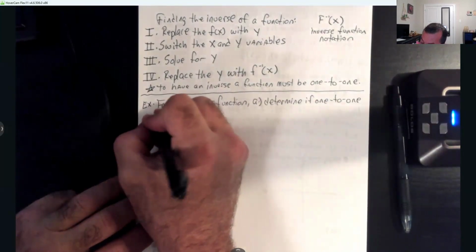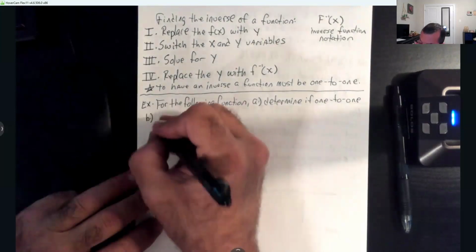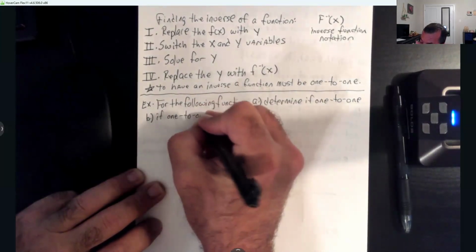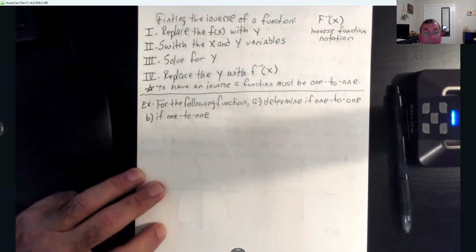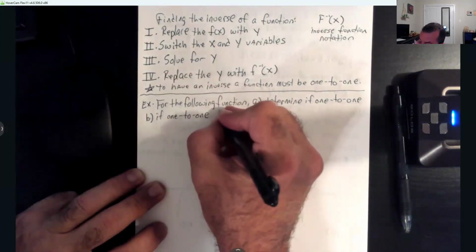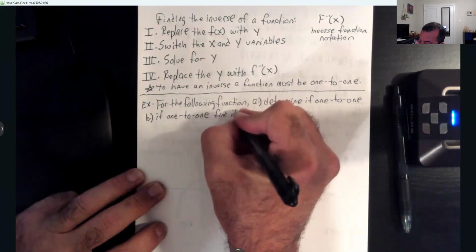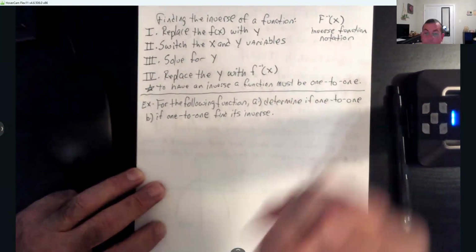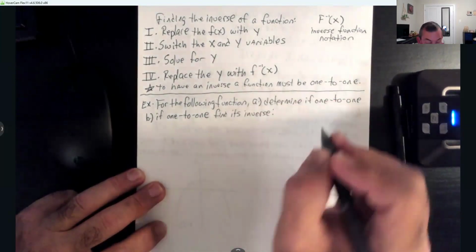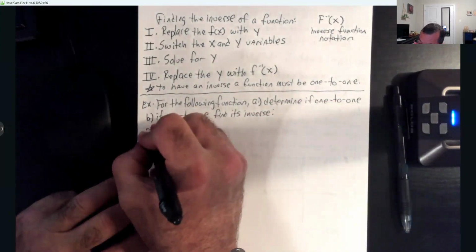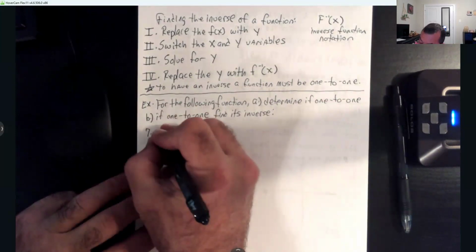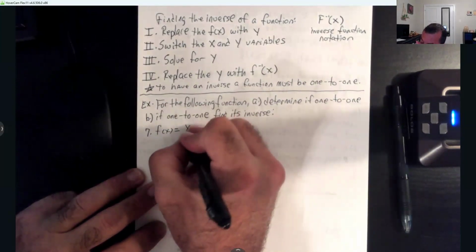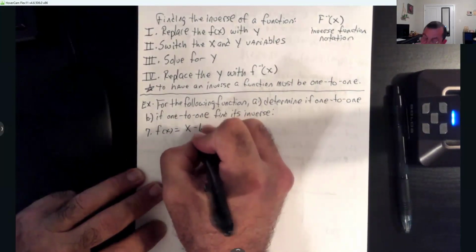And then B, if one-to-one, find its inverse. Okay. So for number 7, they're giving me f of x equals x minus 6.